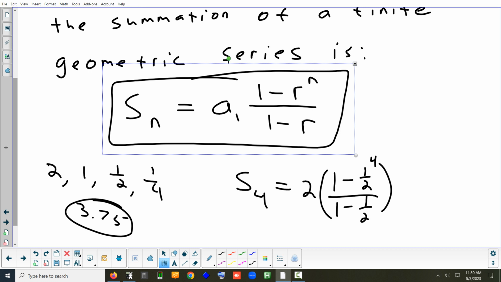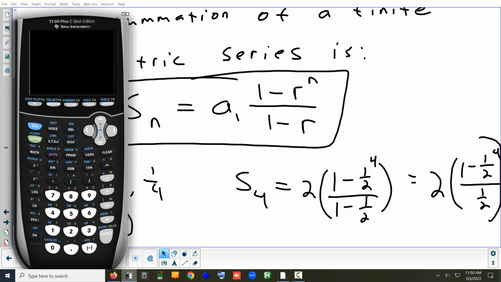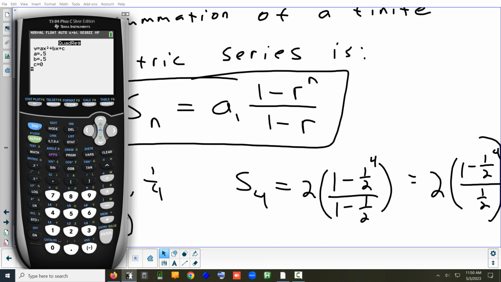Let's do that out and see if we get 3.75. We can simplify it a little bit. What's 1 minus 1/2? 1/2. Okay, let's see if we can type that in. You're going to need some parentheses. Let's start with double parenthesis.